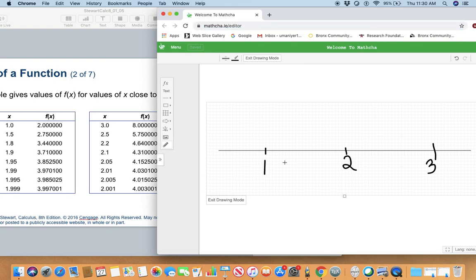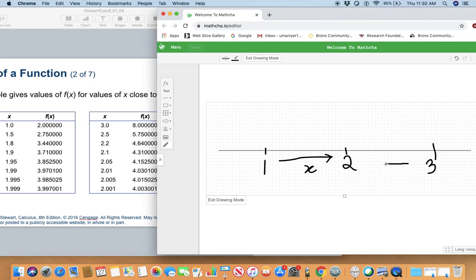So what are we doing in the first table here? X value is approaching 2 from the left. This is 2. You're approaching 2 from the left. The second table, you're starting x equals 3. Then you're moving to 2.5, then 2.2, 2.1, 2.05.